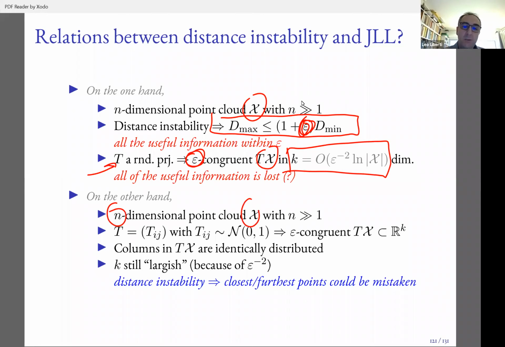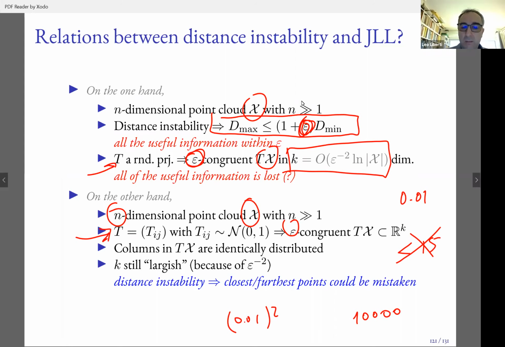And on the other hand, if you start with a large dimensional point cloud X, and you project first, because of the epsilon, you can never really project down to less than 15 dimensions. That's impossible. If you've got a small enough epsilon, for example 1%, you're going to have to multiply by 10,000, because you have 0.01 squared, that is epsilon to the minus 2 in the expression for the projected dimension.